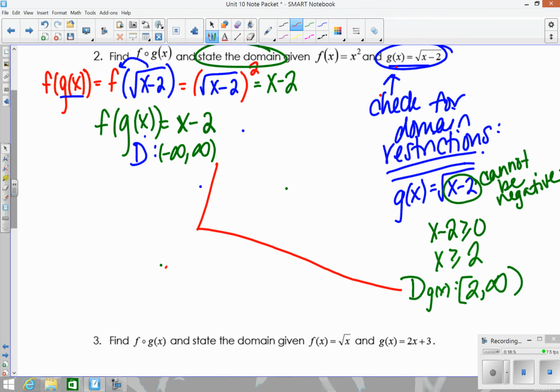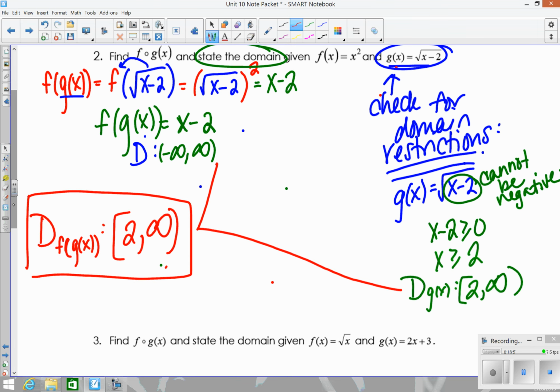So that means the domain of f of g of x is actually going to be 2 to infinity, because we can't include these negative numbers because of the restriction over here. So let's just look at one more example like this.